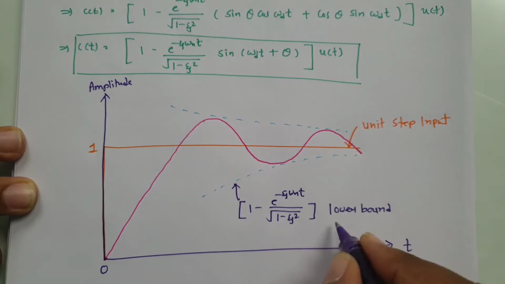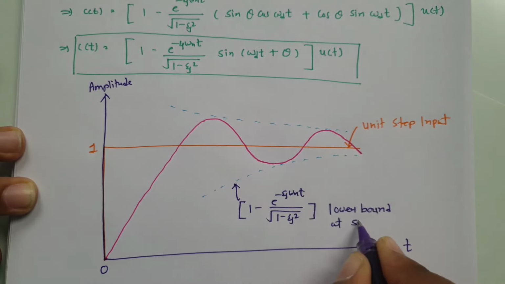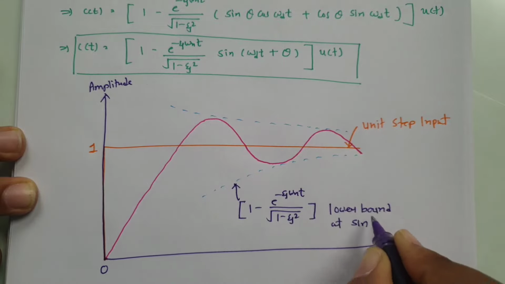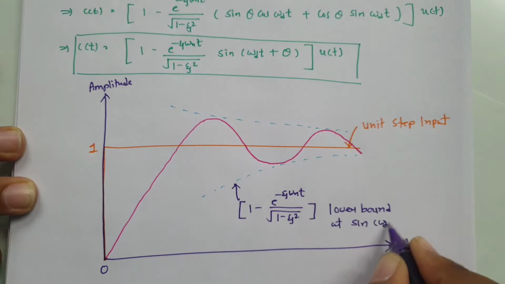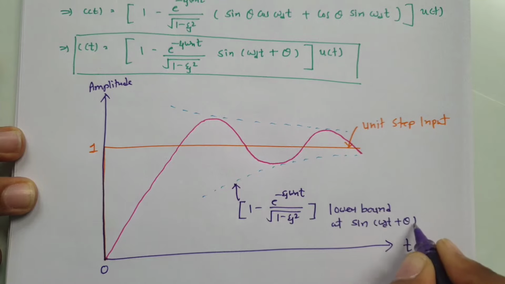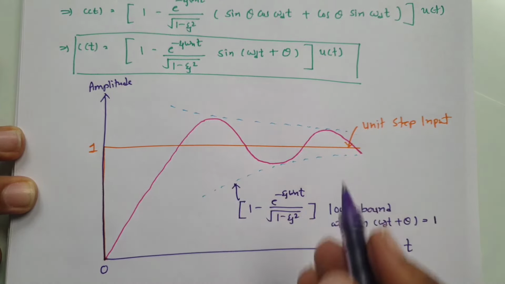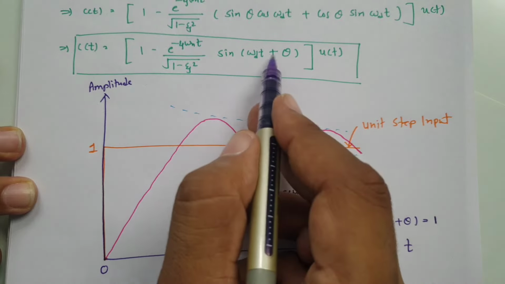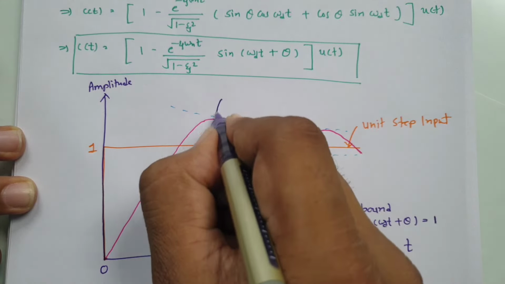And that is happening when sine of omega dt plus theta is equal to 1, and the upper bound is happening when sine of omega dt plus theta is equal to minus 1.